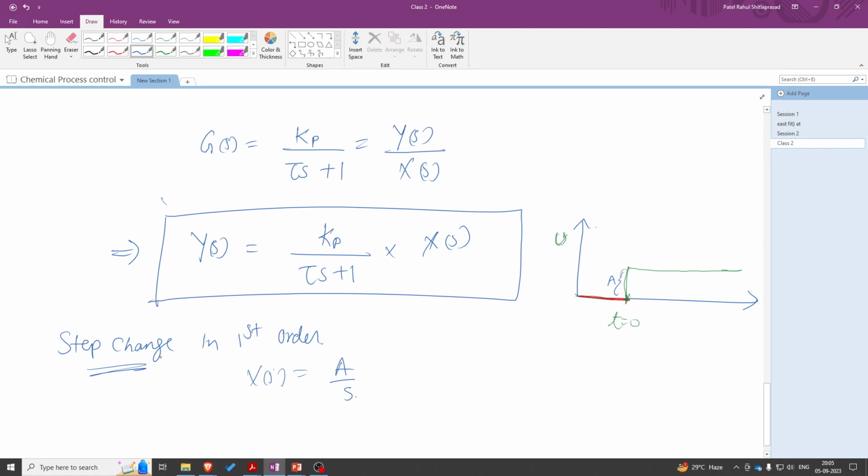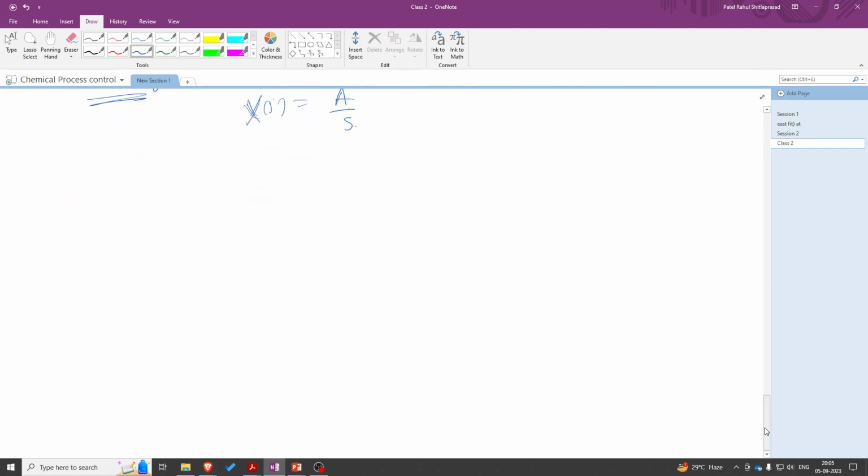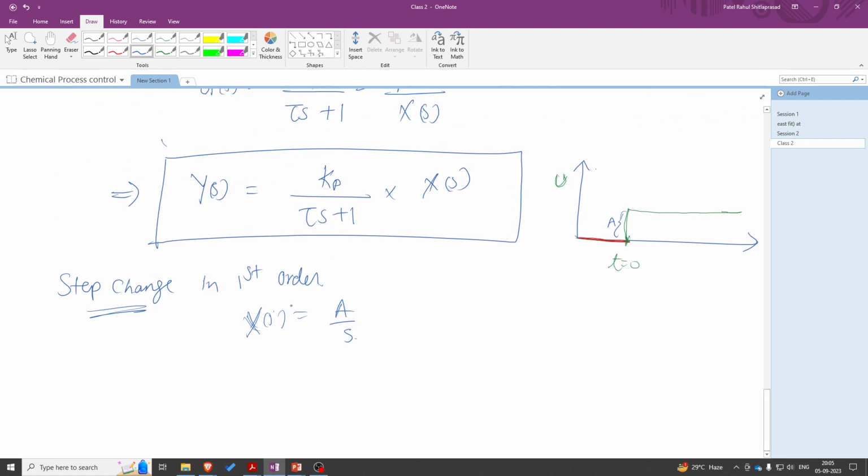So corresponding to this step change, we can write the input as x of s is equal to a by s. Now we can replace this x of s into our earlier equation. So we can get the output as y of s is equal to a times Kp upon s into tau s plus 1.